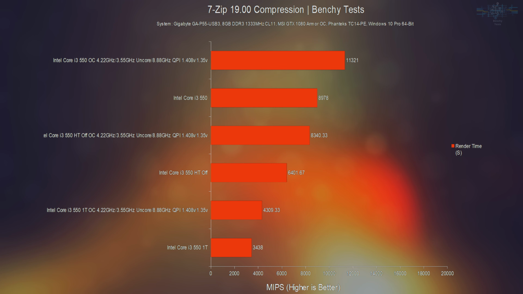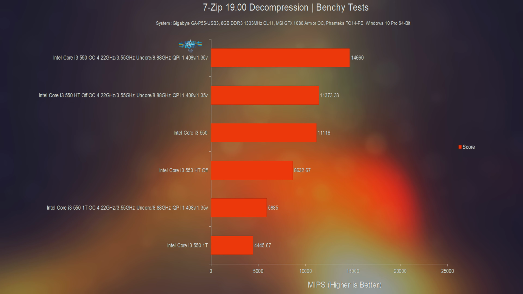Single-threaded performance sees an increase of 25.34% with the overclock to 4,309.33 MIPS, which is 48.33% down on the i3 550 with hyperthreading disabled, or 61.94% down on the i3 550 with hyperthreading enabled. The decompression benchmark is next up, and at stock, the i3 550 manages to score 11,118 MIPS.